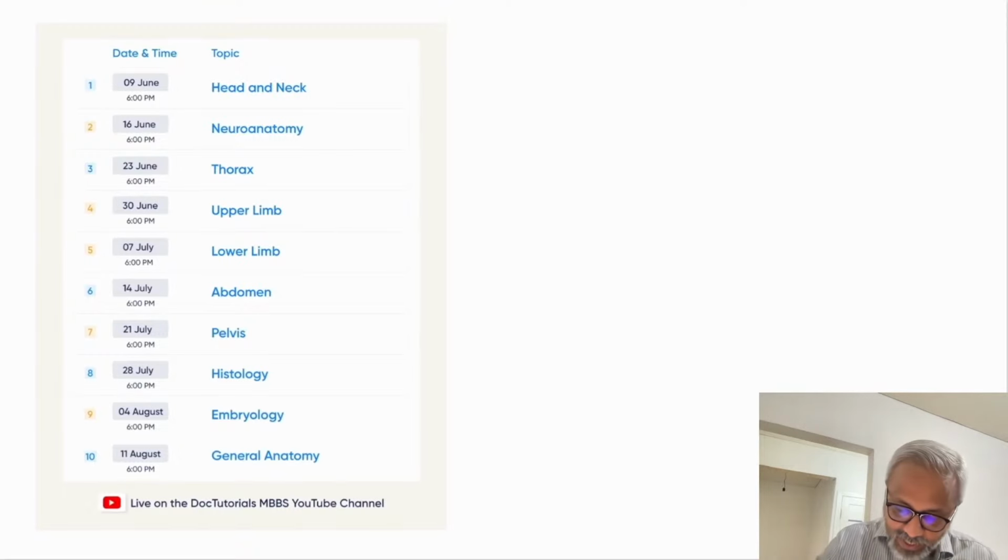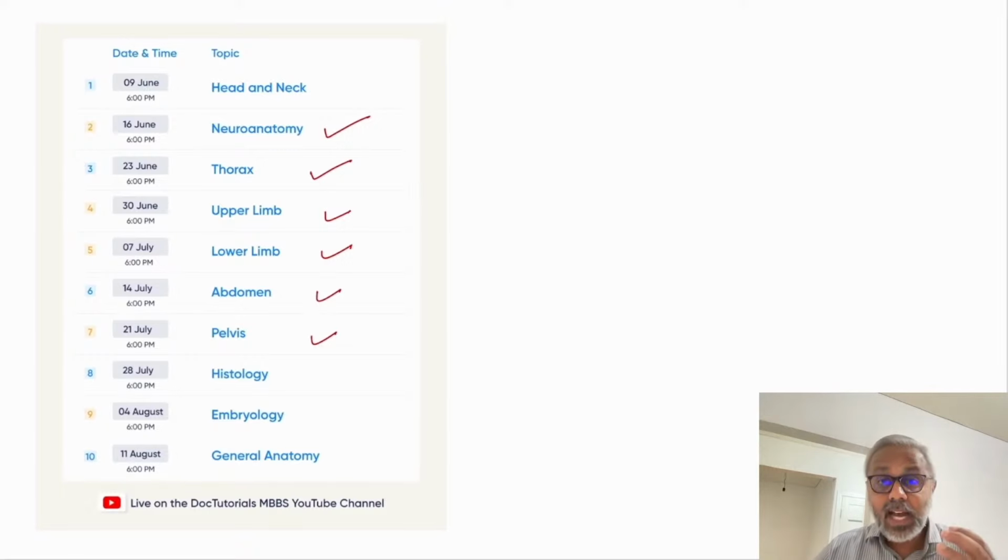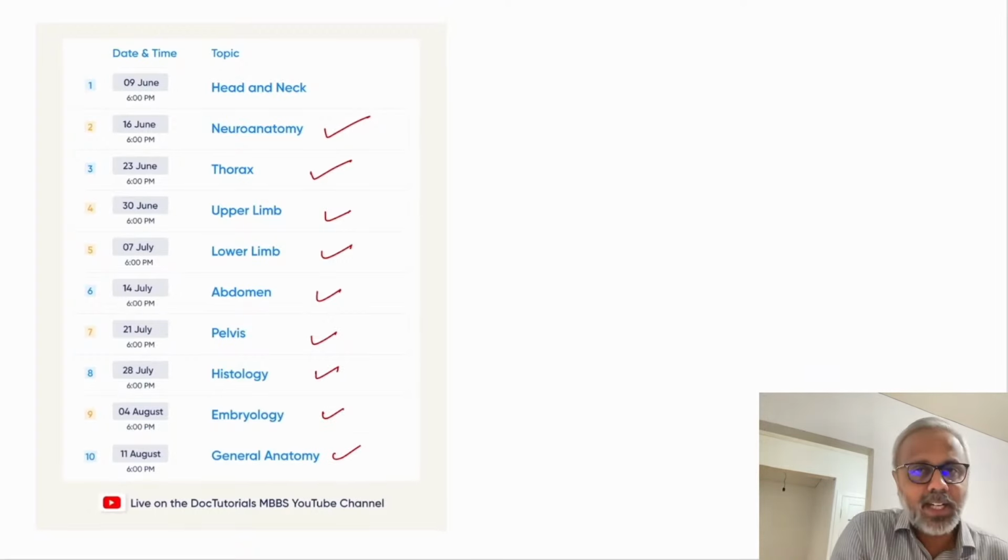In the next session, we have the neuroanatomy discussion, where we will discuss some of the most important topics asked in neuro. Then come thorax, upper limb, lower limb, abdomen and pelvis. The last 3 sessions we have kept for topics which are not very frequently studied by students: histology, embryology, and general anatomy. This is how we have planned our sessions.